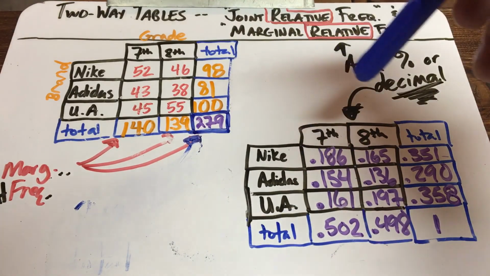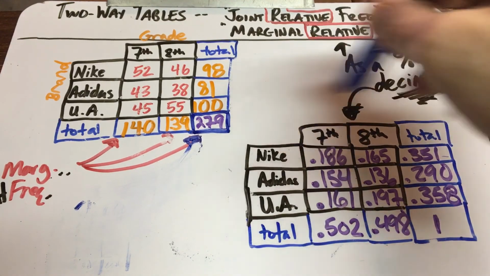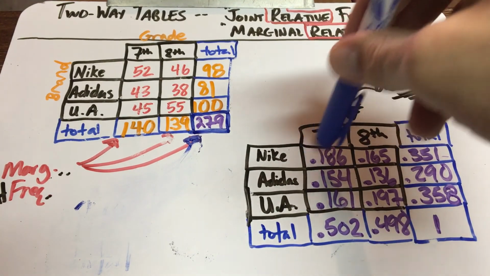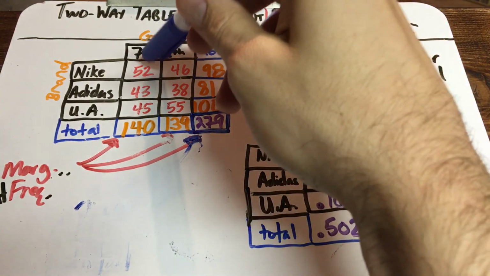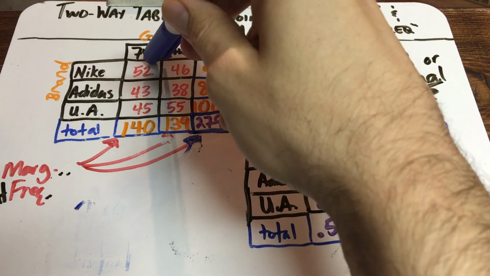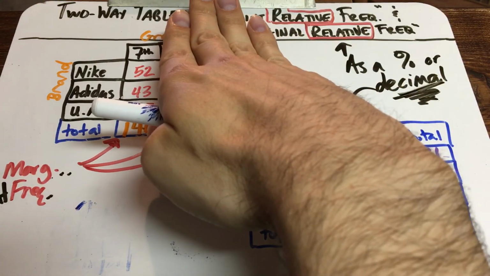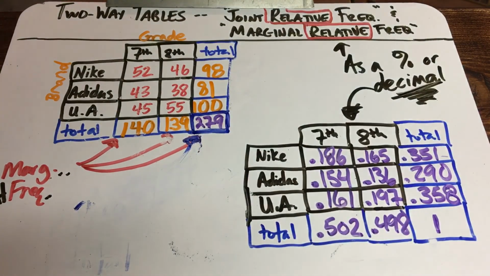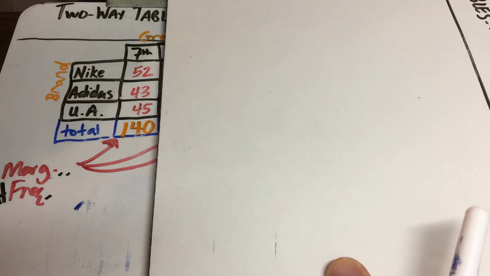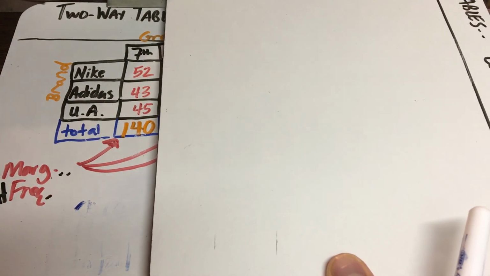You see the difference, right? Instead of saying what percent of everybody was a 7th grader who liked Nike, what if I just said 52 students pick Nike, what percent of the 7th grade only, and I don't even care about the 8th grade anymore. If I just say what percent of the 7th graders pick Nike, and I just completely cover up this row, how would you figure that out?